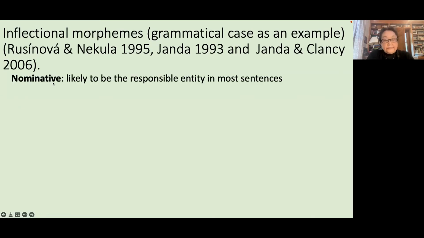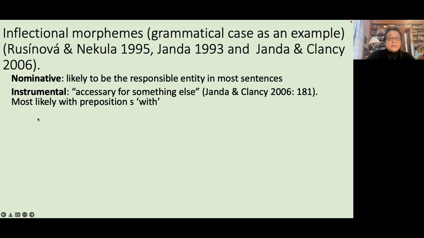The nominative case is likely to be the responsible entity in most sentences. The instrumental case tends to denote an accessory to something else, and in Czech it's very much tied with the preposition "with".